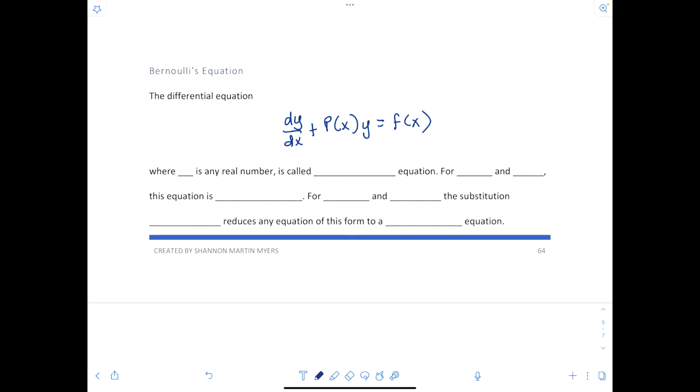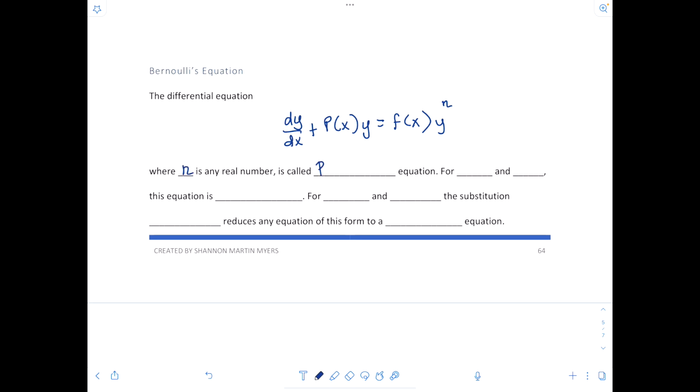Now this one is something you're used to, right? This is what we use the integrating factor for. But the difference is that you're going to have y raised to some power. Call it n, where n is any real number.